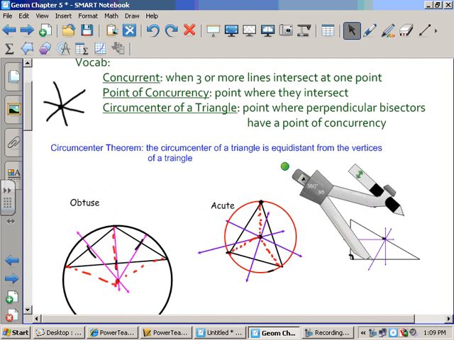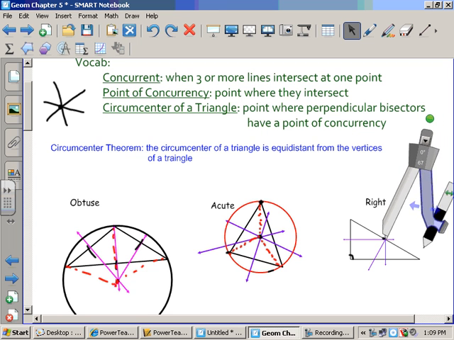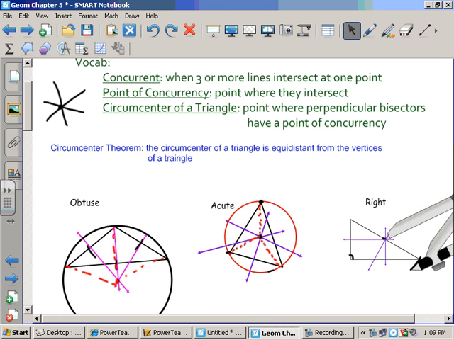If I put my compass at the exact circumcenter and open it up to exactly the corner here and draw, I get them off a little bit. Draw the circle, it will exactly hit the corners of the triangle.